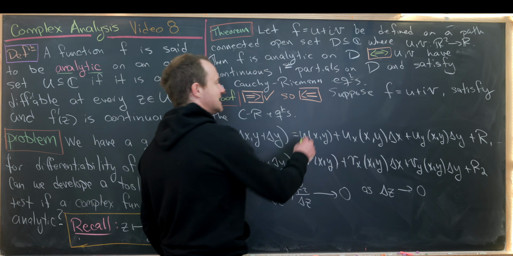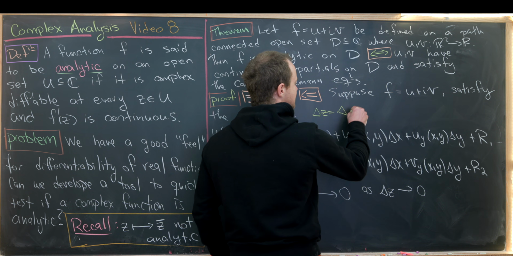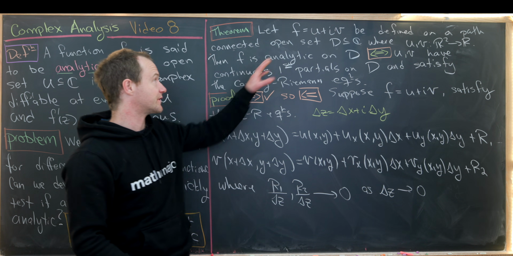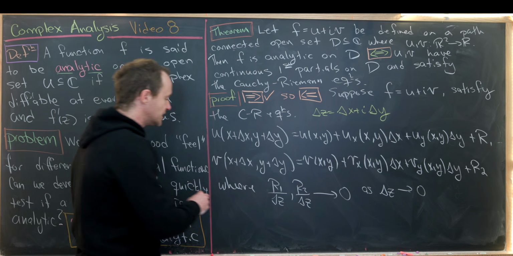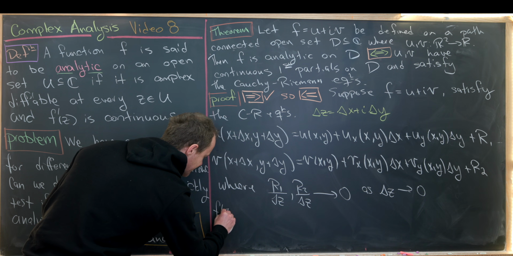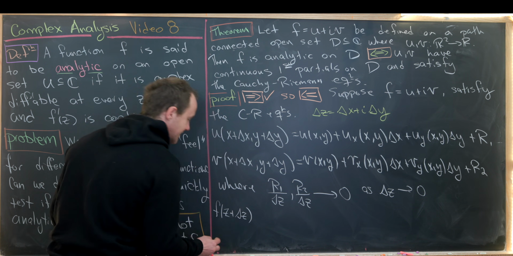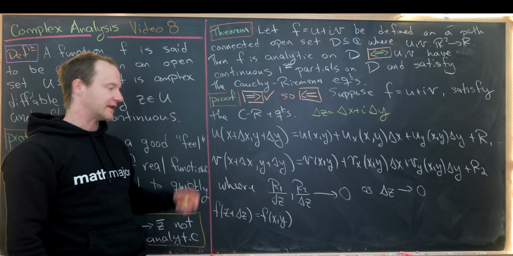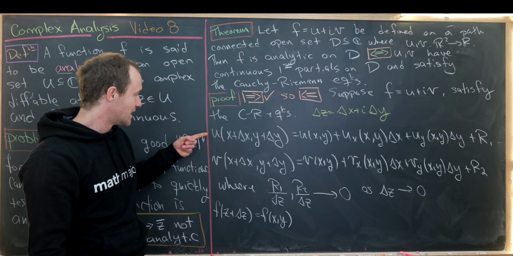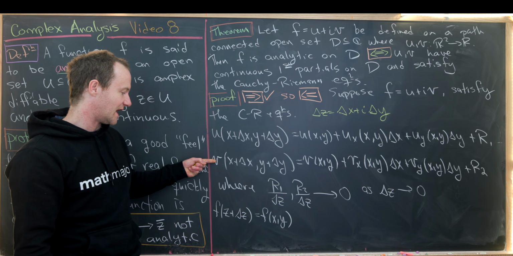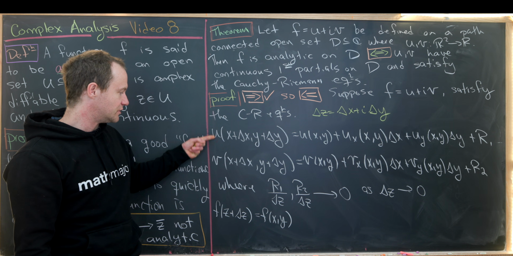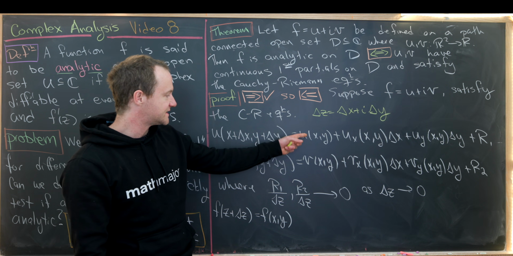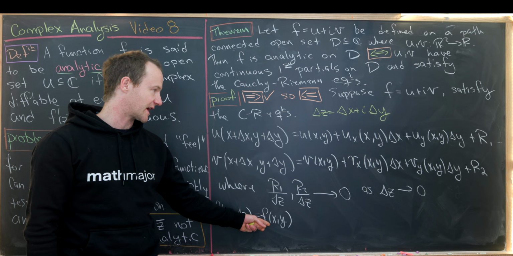Now I'm going to set delta z equal to delta x plus i delta y, and put these two together so that it looks like our function f. So now we'll have something like this: f of z plus delta z will be equal to f of x comma y. How are we getting there? Exactly by adding u plus iv. This u plus iv gives us f of z plus delta z, and this u plus iv gives us f of xy.